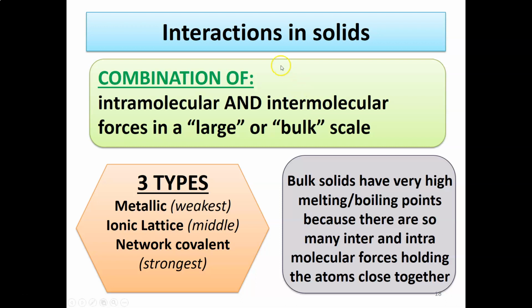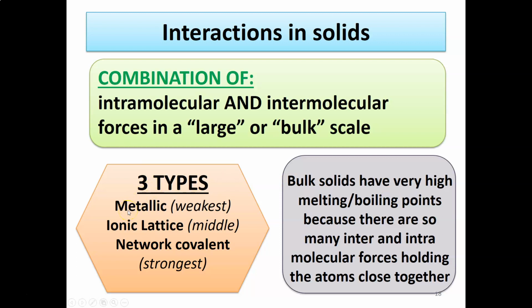So usually you have some inter and some intra, but in a bulk solid you have so many of these things happening in all three dimensions that things end up very, very strong, stronger than you think they should be. So these bulk solids have very high melting points, very high boiling points, right? Because they're being held on to so strongly.